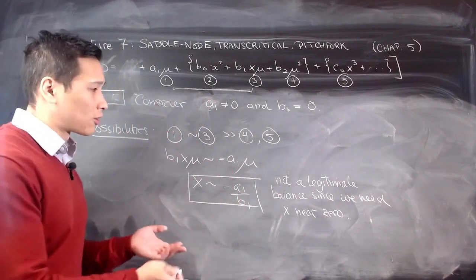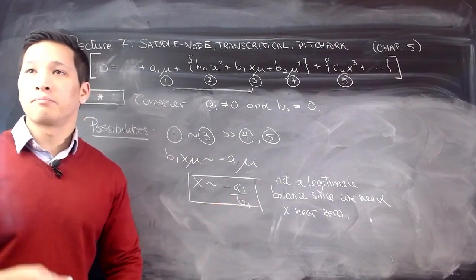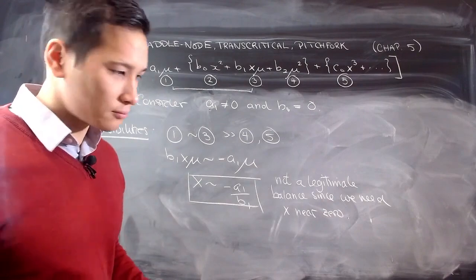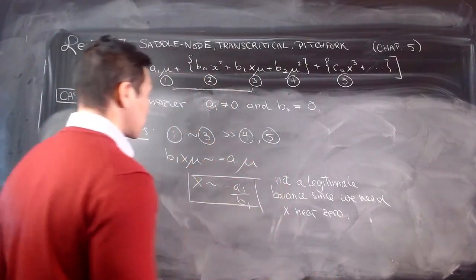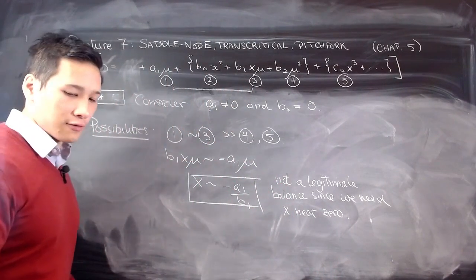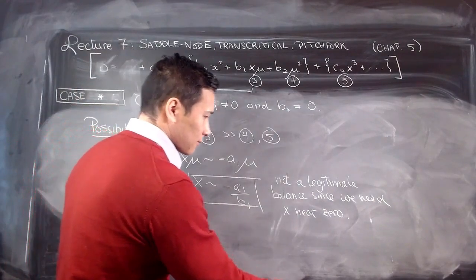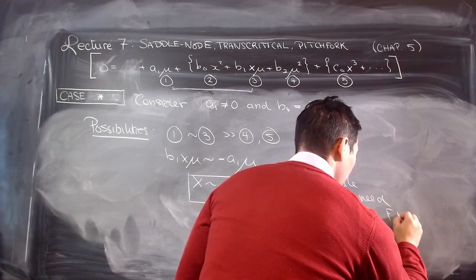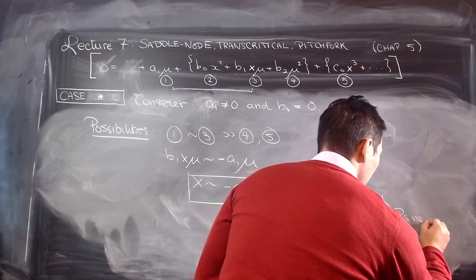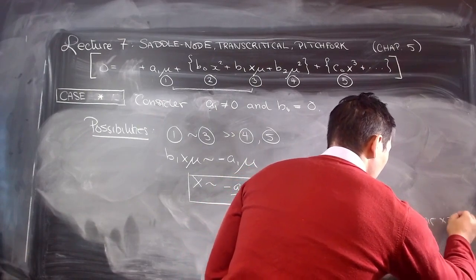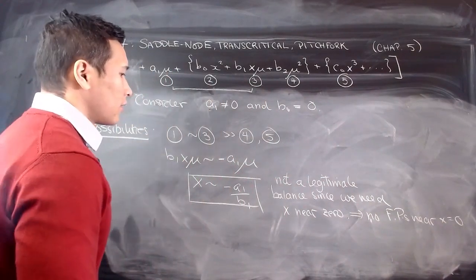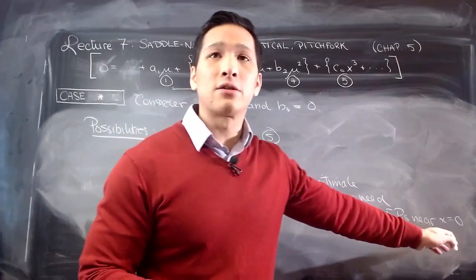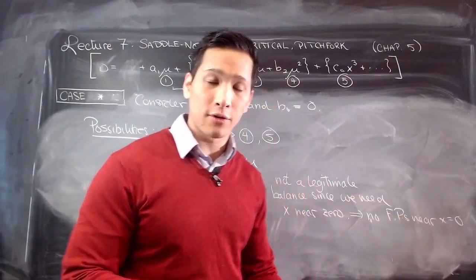This balance doesn't work because it essentially gives you a fixed point which is away from 0. So essentially this case does not yield any fixed points near x equal to 0 for the case of mu equal to 0.